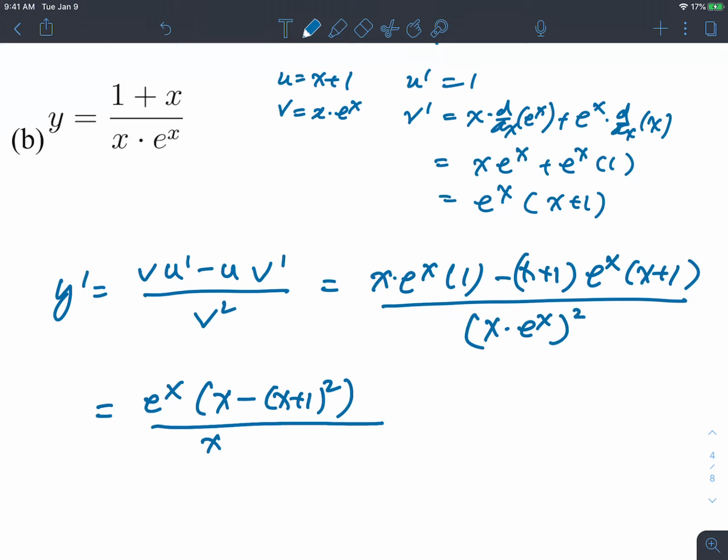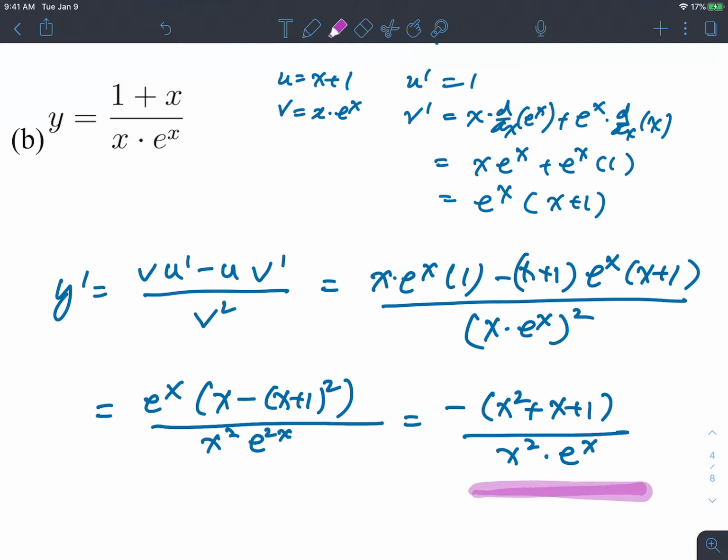Oopsie, I forgot to square here, so be really careful. This will cancel here, and we need to simplify the top. When you do that, it becomes minus x squared plus x plus 1 over x squared, times e to the x. That's right.